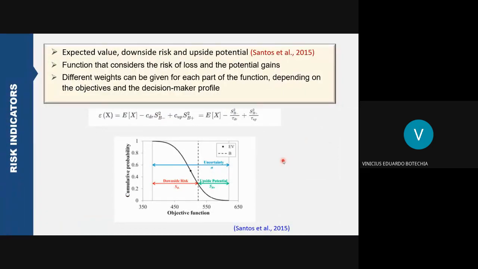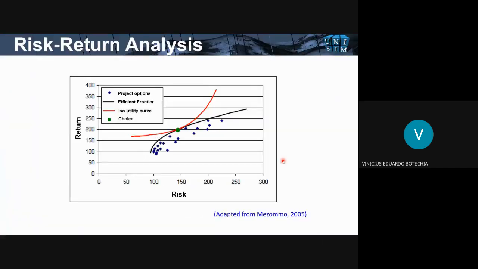She'll talk better about this, but just to know that this exists. So you already have an indicator that combines both parts of the curves, our probability of losses and our potential of gains. But Suzanne will talk more about that.